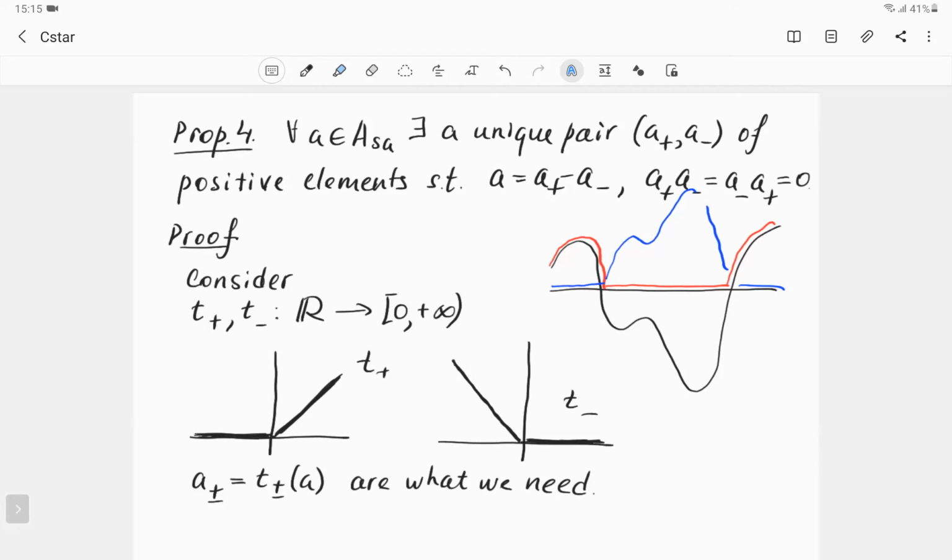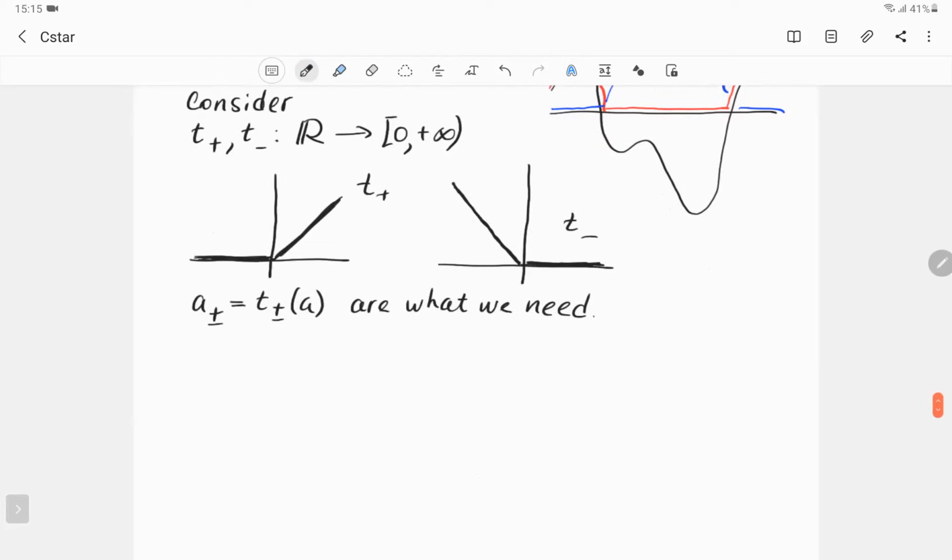So the functional calculus is an algebra homomorphism. To complete the proof, we have to show that such a pair is unique. Okay, suppose that we have another such pair. Suppose that A1 and A2 are positive, A equals A1 minus A2, and their product is 0.